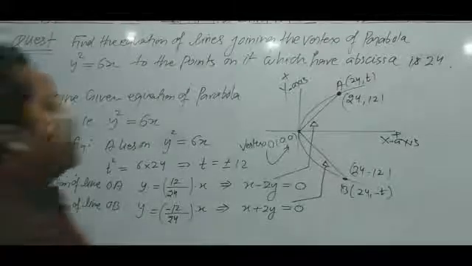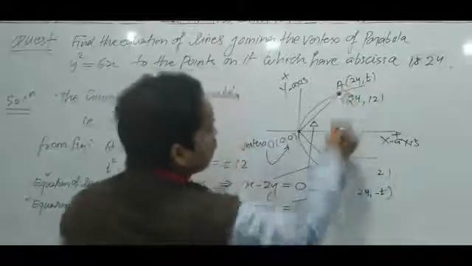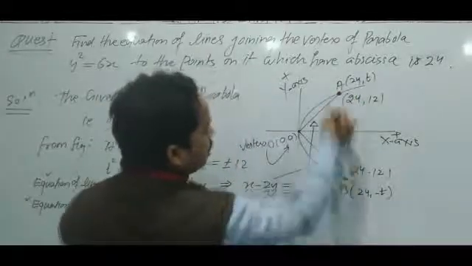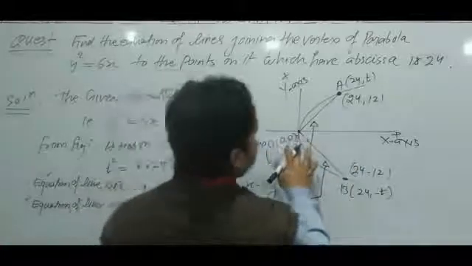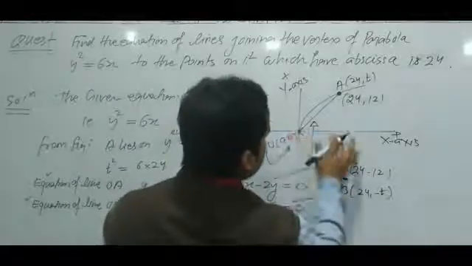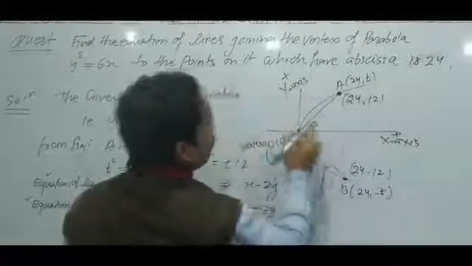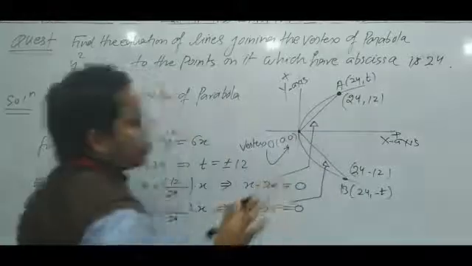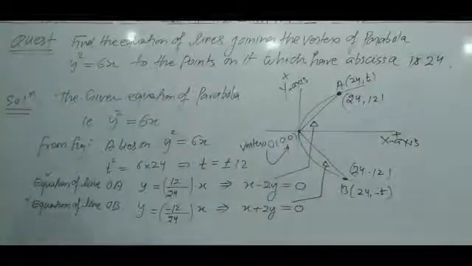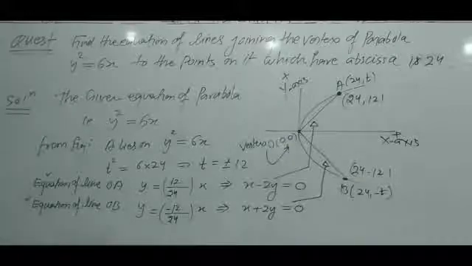The base is 24 and the height is 24, so 1 by 2 base into height is 24 multiplied by 12. This will be the area.